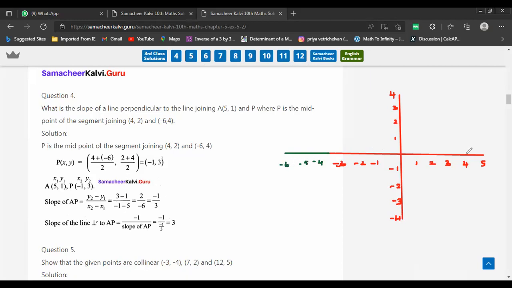So here minus 6, 4 is over. So this is the line segment.